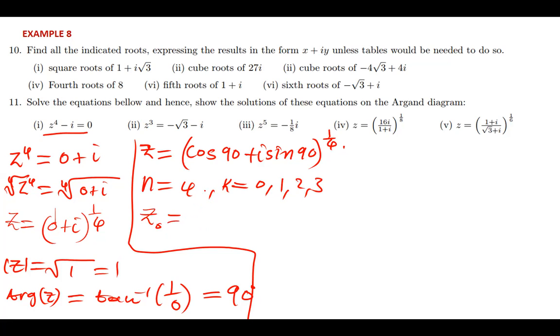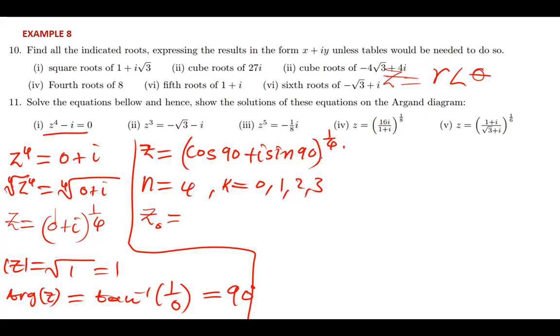Before we proceed, let me show you the other way you can write a complex number in polar form, not using cos and sine. You can just write the magnitude r, then the angle. So z is equal to r, and then theta, in short form.